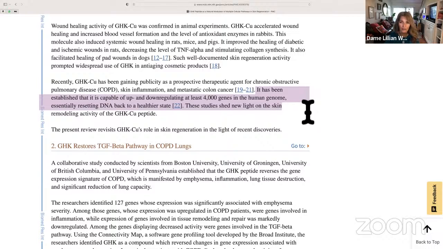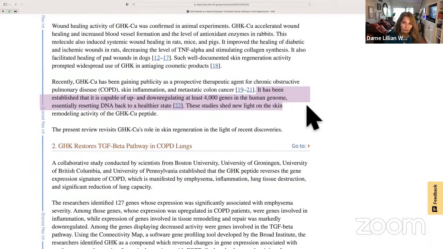And yes, before this is over, I will tell you how you can actually start to signal GHK-Cu. You don't have to take it in oral form, or take anything outside of you, exogenous, but you can start to do something to your body that will signal the GHK-Cu inside your body to upregulate or downregulate based on the original blueprint you were conceived with, to restore your body to a younger, healthier state.